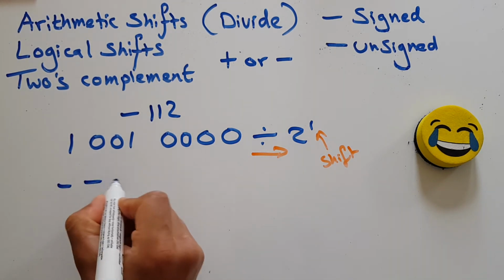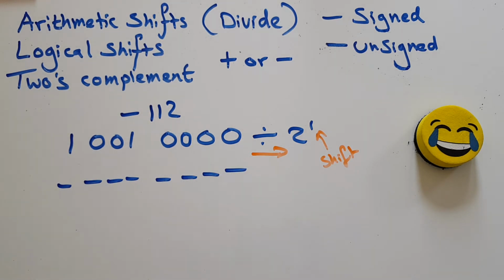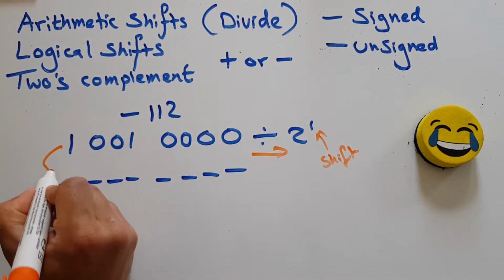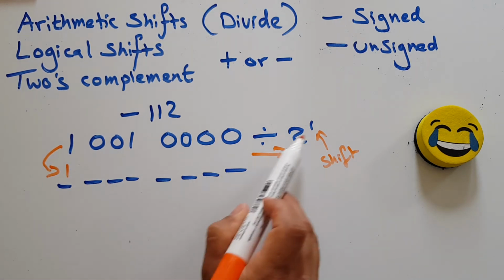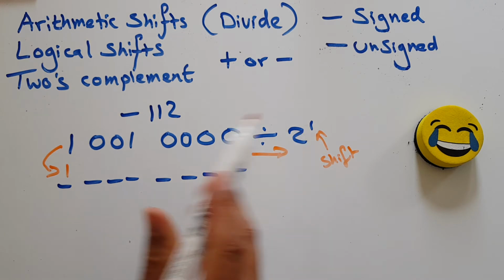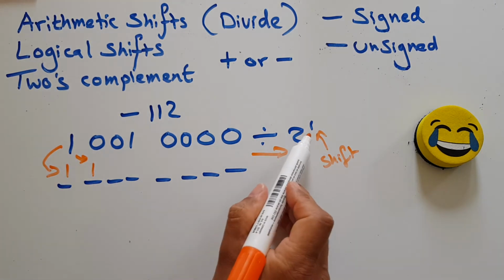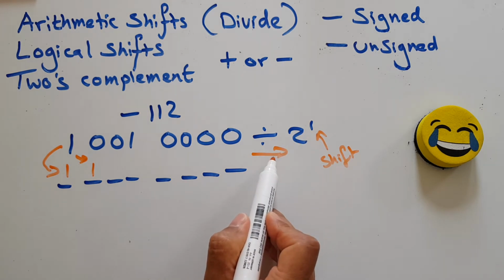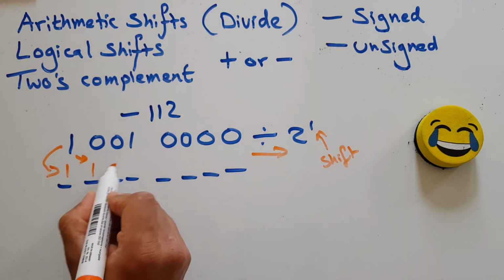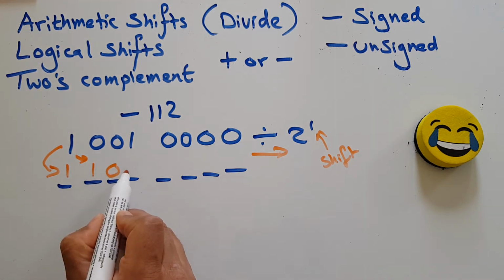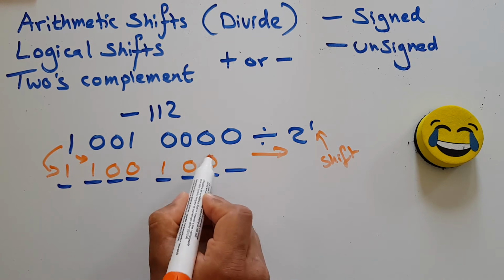I'm going to write out my place values. I'm going to drop down my MSB, and then I need to duplicate it. Well, how many times? Well, just the once. So here's my 1 copy of my MSB. And now I need to shift everything to the right by one place. So that 0 gets shifted to there, this 0 gets shifted to there, that 1 goes there, 0 goes there, 0, 0.